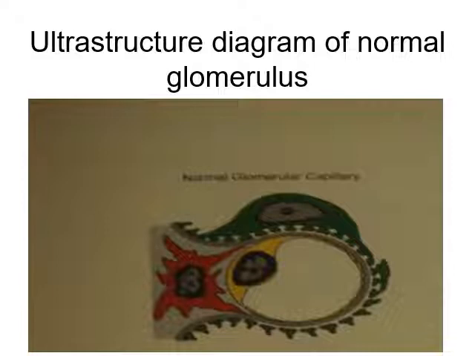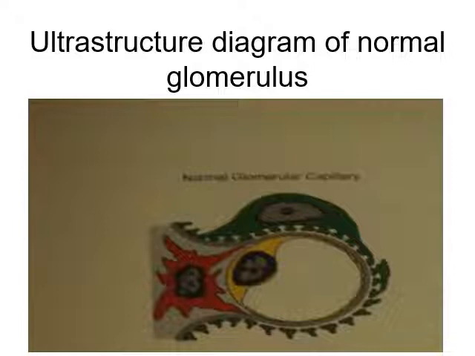And these are the foot processes of the podocytes. And there is a third player here, which is a mesangium between the glomerular capillary loops. There is a mesangial cell, and this light gray matrix is a mesangial matrix.